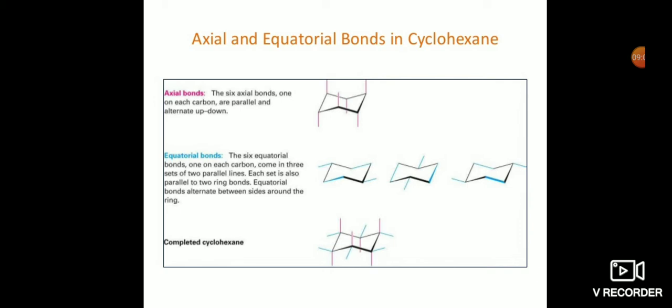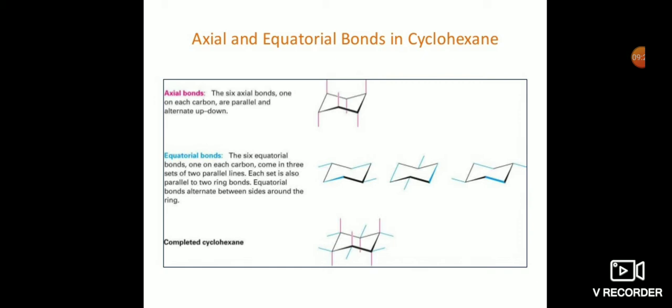Axial bonds. The 6 axial bonds, one on each carbon, are parallel and alternate up down.